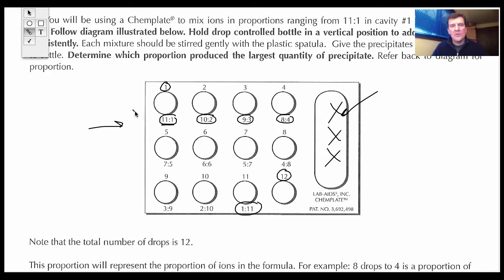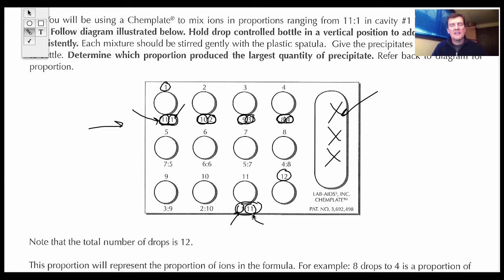So when it says 11 to 1, that means 11 drops of the first chemical to 1 drop of the second. 10 drops of the first with 2 drops of the second. 9 and 3, 8 and 4, etc., all the way down to 1 to 11. That's 1 drop of the first and 11 of the second.